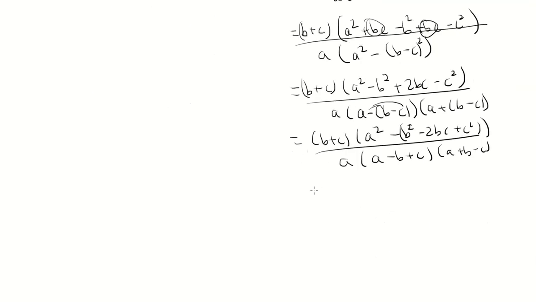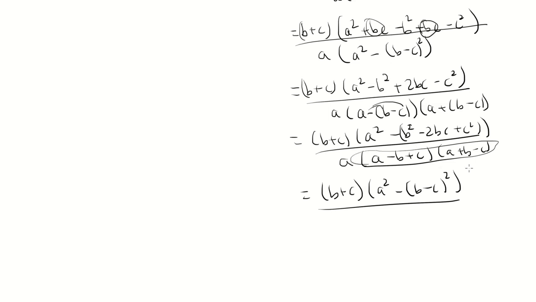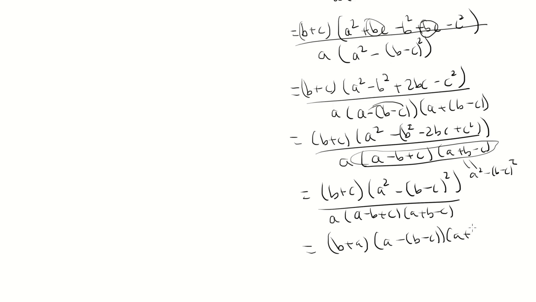And then we can continue by factoring. We have a squared minus (b minus c) squared, which we know is the same thing from the steps above, but for completion I'll just show you all the steps. Then we'll factor this into a minus (b minus c), a plus (b minus c), and then we'll distribute the negative.